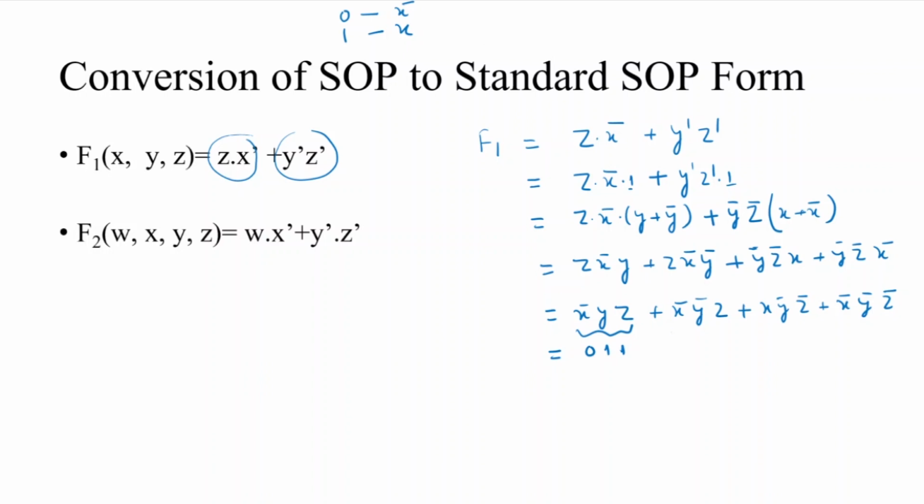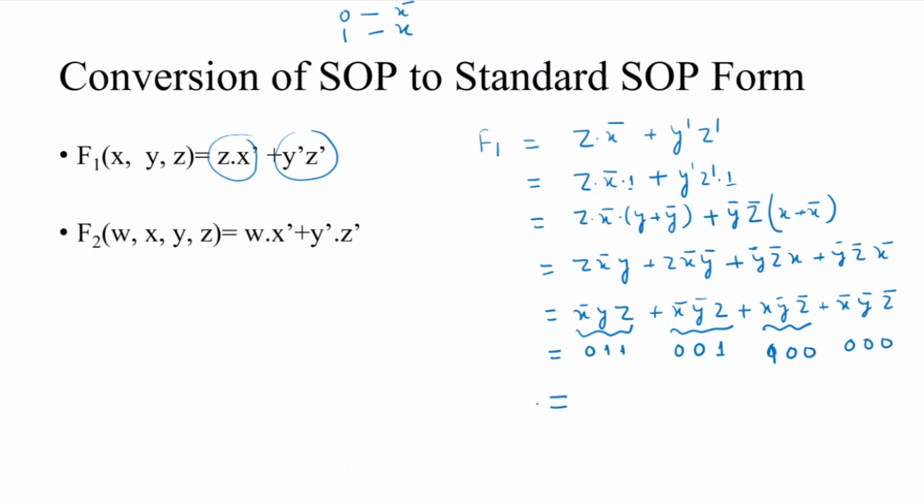Similarly, here x is in complemented form and y is in complemented form, so both values are 0 0, and z is in original form, which is 1. This represents x y complement z complement, which is 1 0 0, and this is 0 0 0.